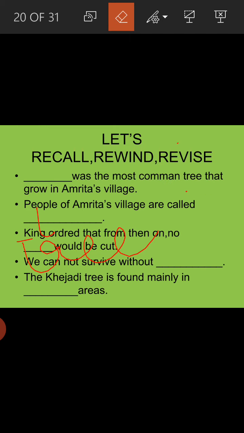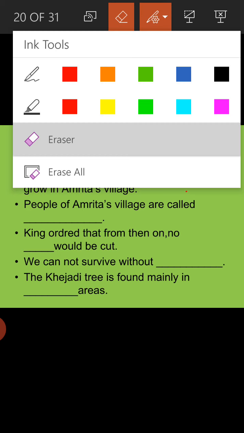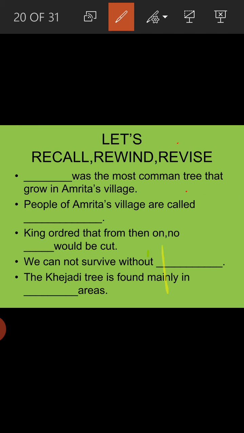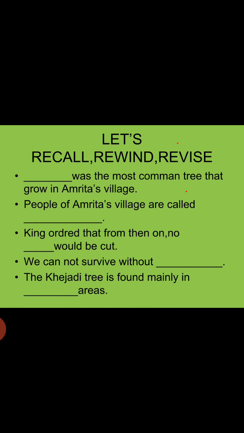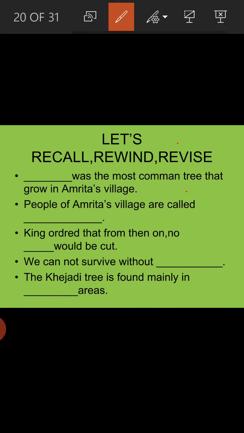So, fourth question, we cannot survive without plants and animals can survive without us, but we cannot survive without plants and animals. You are absolutely right. Plants and animals. So, write these answers very carefully.